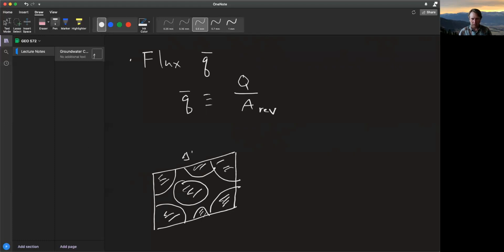This guy's got some unit, delta y times delta x. So our discharge, and let's give ourselves some fluid velocity, randomly oriented V here, and we are interested in flow that is normal to our plane. So we'll have our normal vector here going out in 3 space.